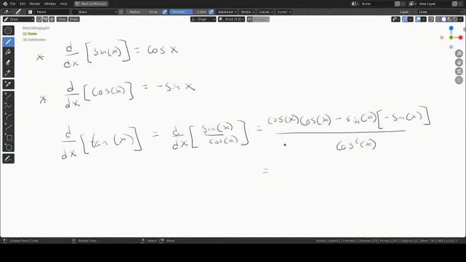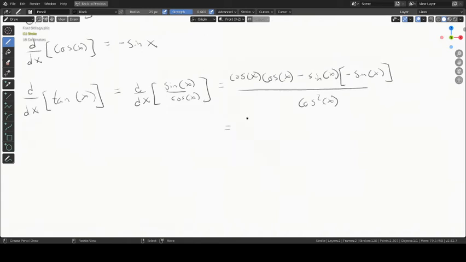And that'll give us the first term will be 1, cosine squared over cosine squared, plus positive sine squared over cosine squared.